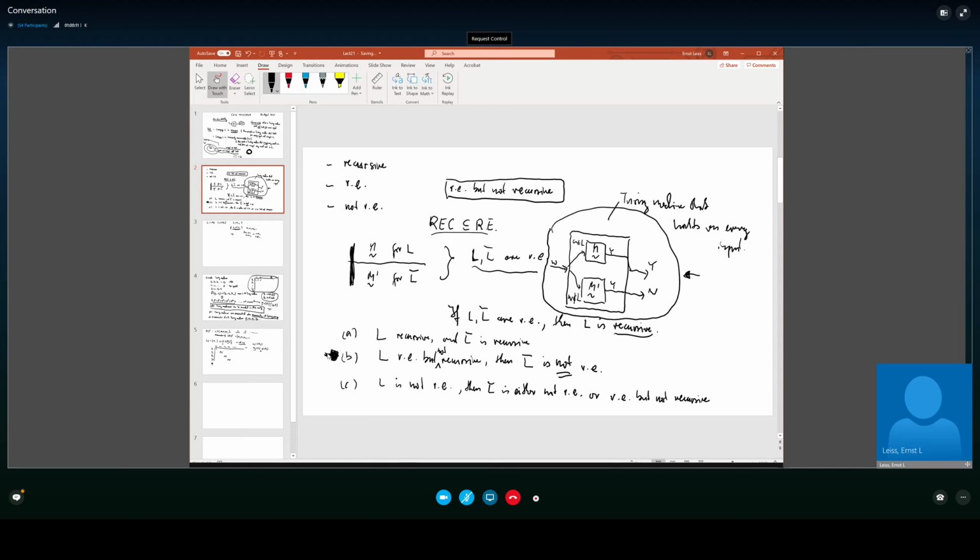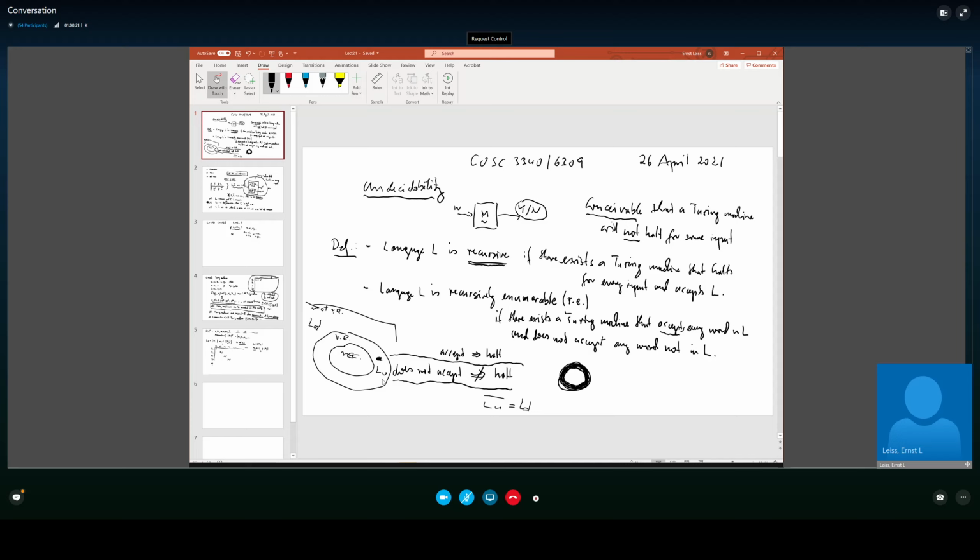And that was what we did on Tuesday last week, to actually show that LU is recursively enumerable but not recursive. So we basically did this diagram. LD is not RE, LU is RE but not recursive.